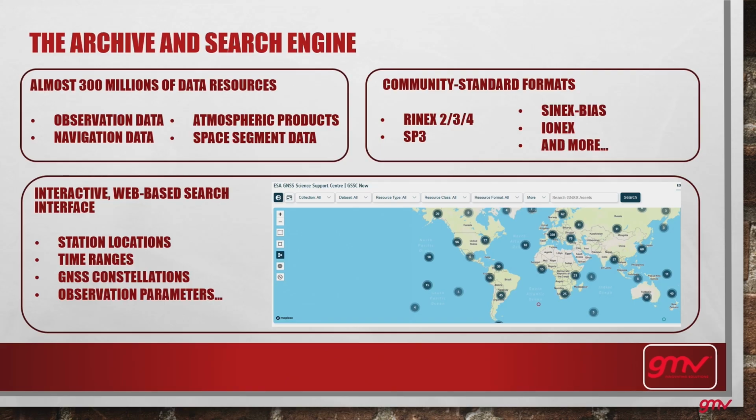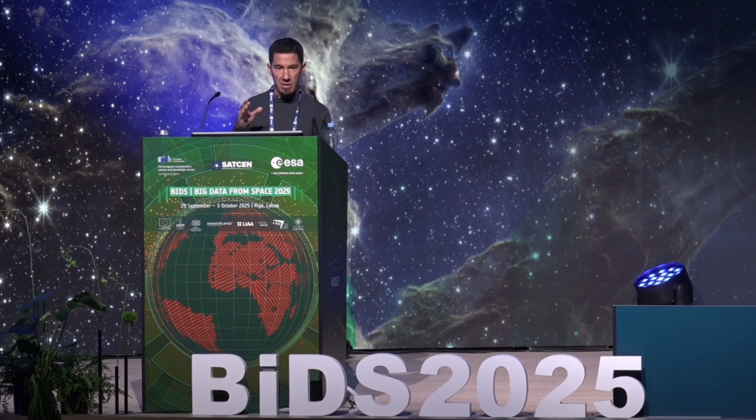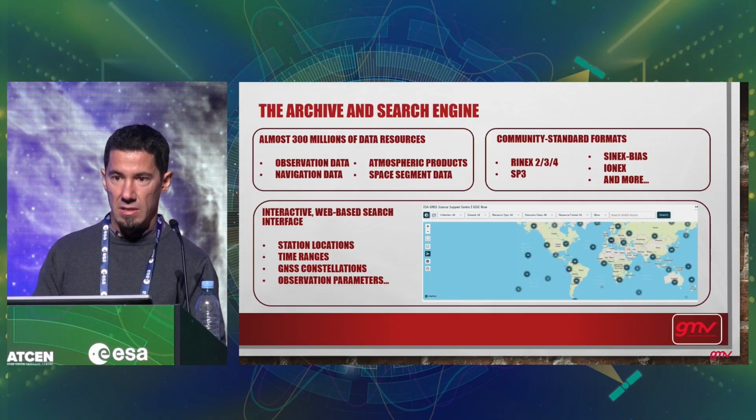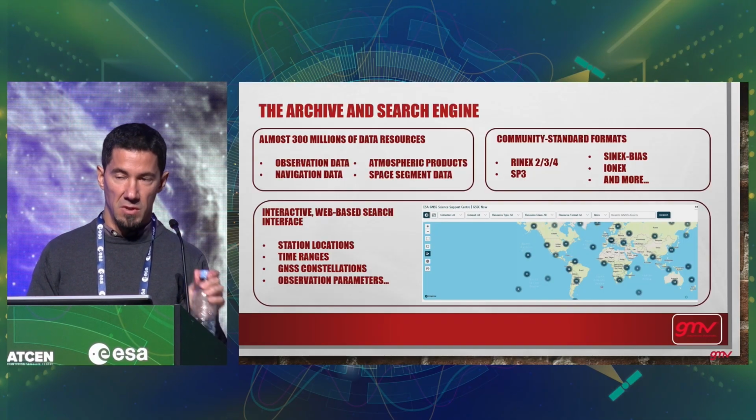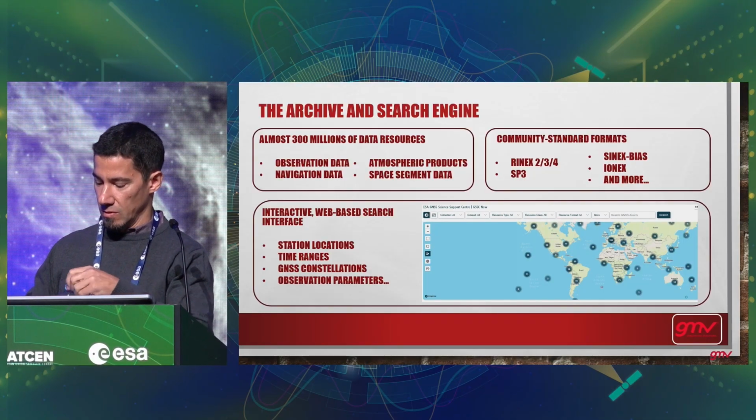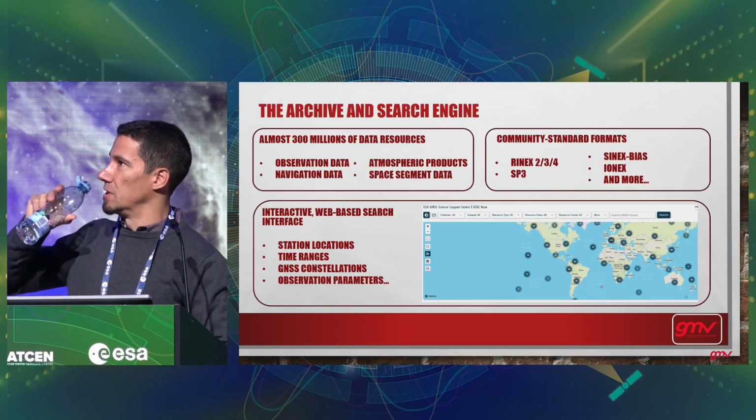Also, you can search by GNSS constellations like GPS or Galileo or BeiDou or GLONASS, and many observation parameters, signal type, frequencies, and more. So this interface not only accelerates the data discovery, but also enhances the user experience, especially for multidisciplinary researchers, who can be unfamiliar with the GNSS data hierarchies, which have a lot of complexity.